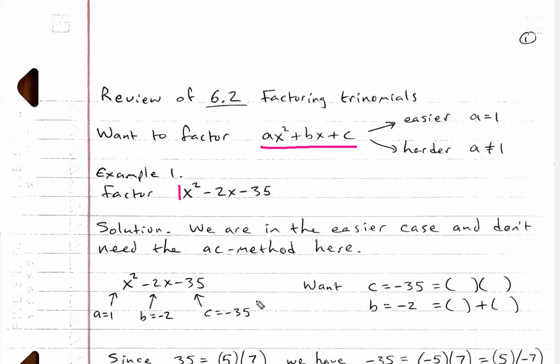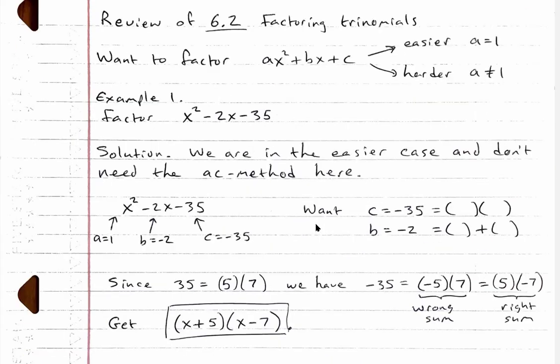All we're looking for are two numbers that multiply to give C, the number on the end, and they have to add up to give B, the number multiplying x. We'll see why that's true. But this case is easy.